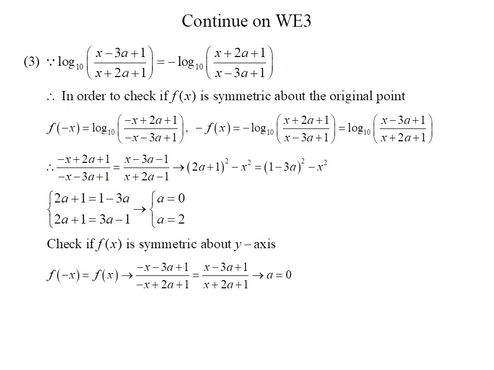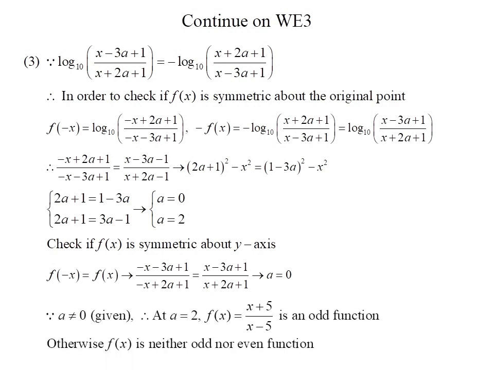After solving the equation, the value of a is obtained, which is 0, but according to the given criterion, a is not allowed to be 0. Therefore, when a equals 2, f(x) equals the quotient of x plus 5 by x minus 5, which is an odd function in this case. Otherwise, f(x) is neither an odd nor an even function.